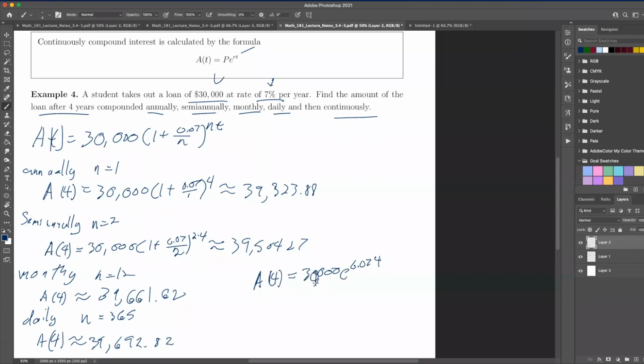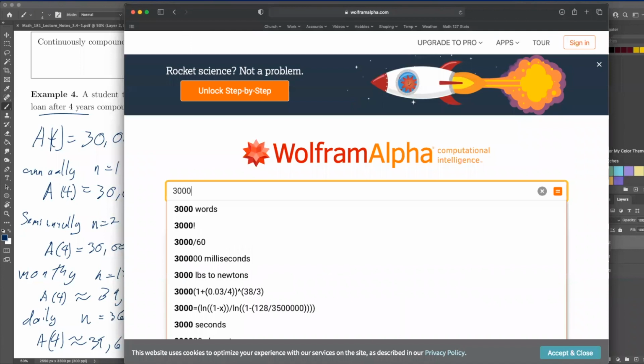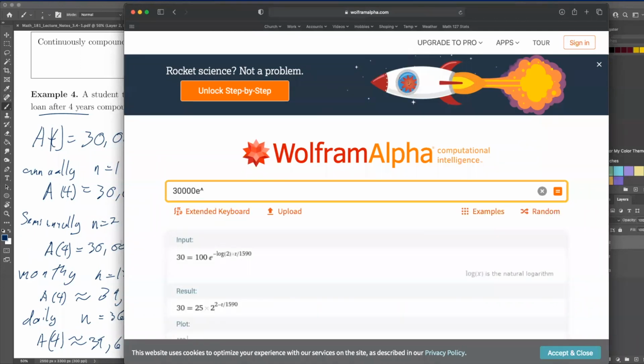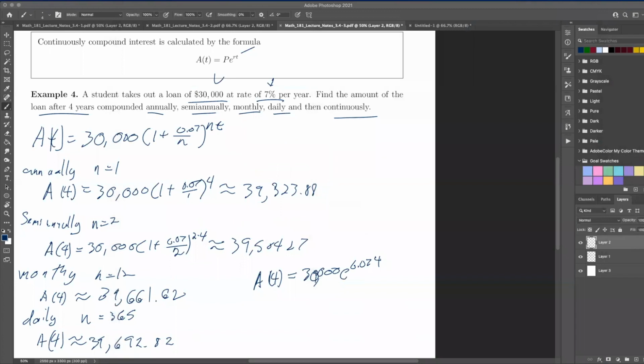Let's calculate that number: 30,000 e to the 0.07 times 4. And we get 39,693.89.